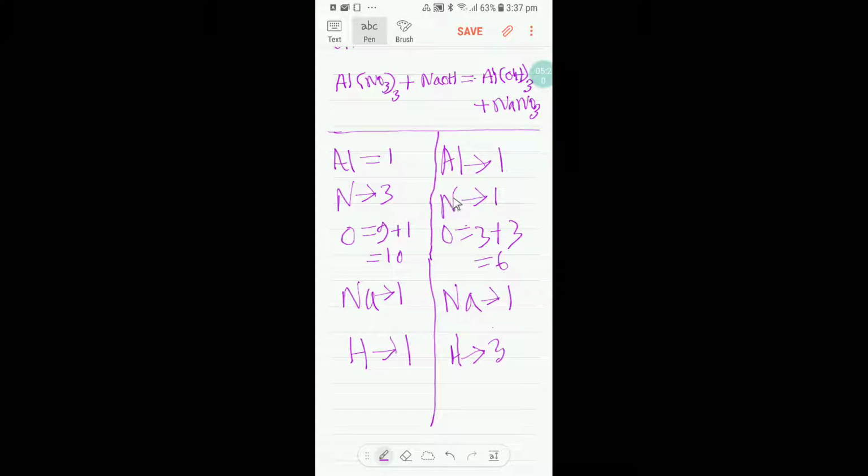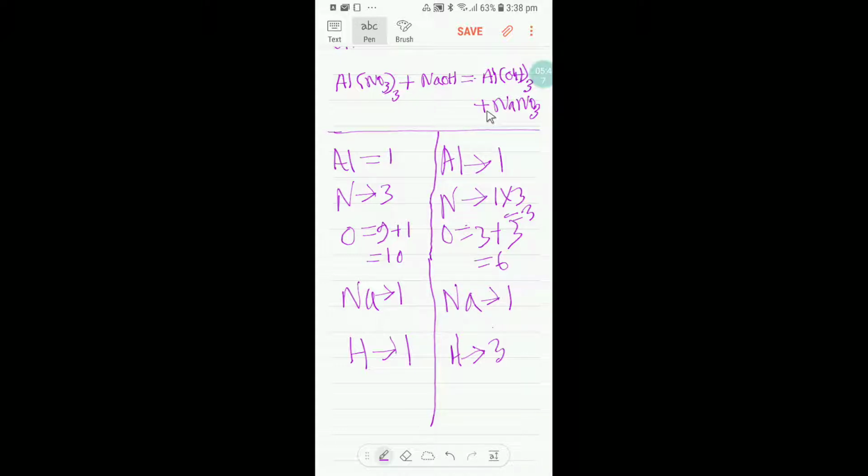So to balance the nitrogen, I have to multiply here by 3, right? I have to multiply here by 3, then I will get 3 nitrogen, right? Okay, if I put here 3, then this 3 will come before this nitrogen, that is here, right?